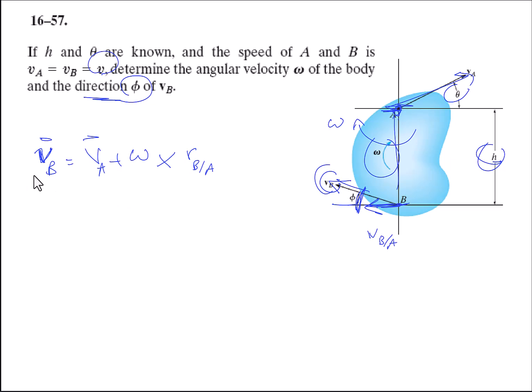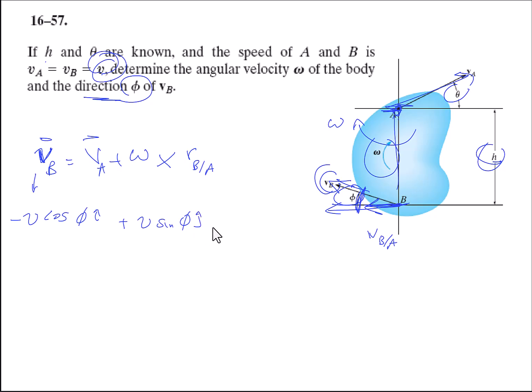So this is basically minus v, which is given, cosine phi in the I direction plus v sine phi in the j direction.